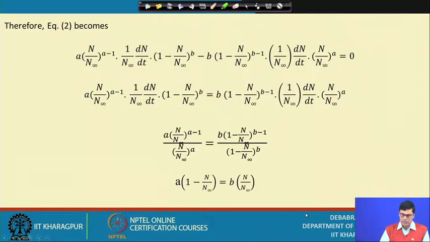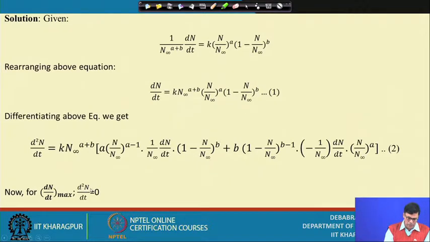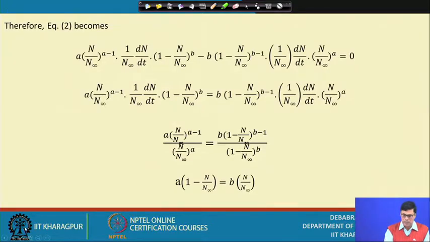Now if we put the condition d2N by dt2 equal to 0, then we can write this equation in this form. Then the equation simplifies to A into 1 minus N by N infinity equal to B by N infinity.